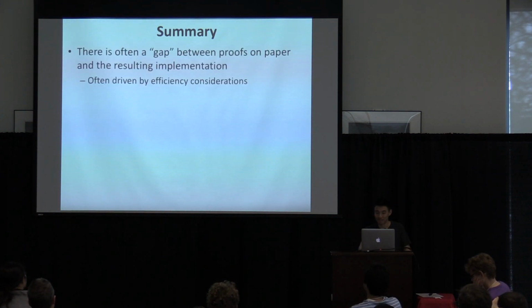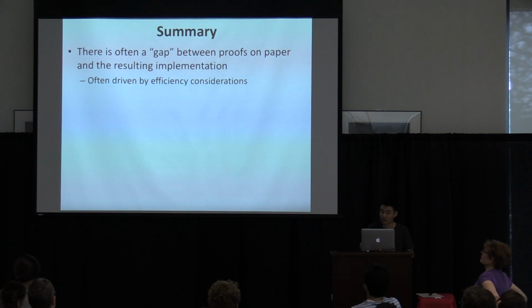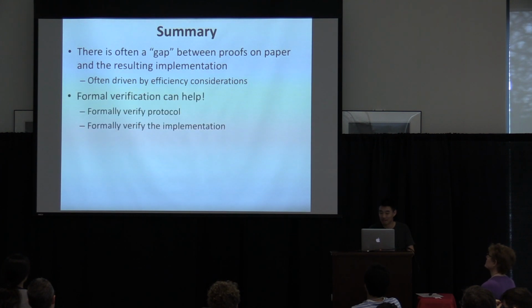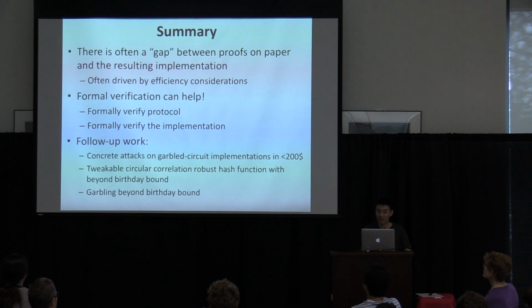So in summary, there's a huge gap between implementations and the concrete security that we are able to prove. So how do we prevent them? Generally, we need formal verification to show end-to-end security from the protocol to the implementation and all the choices. It's inspired by this work on the abstractions of hash functions.